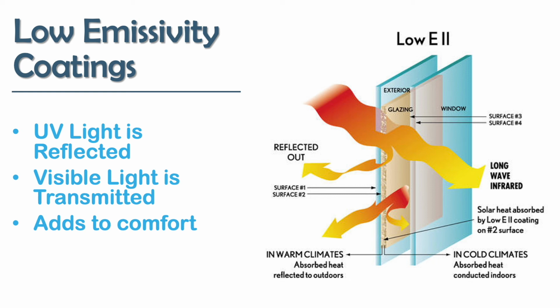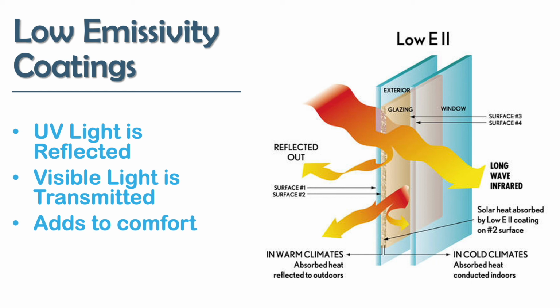As we see here, we have an image where we're seeing two panes of glass, and the coating is on the inside of the exterior in this image, and we're seeing that as the sun hits, we are reflecting out some of it and some of the light is still coming in.